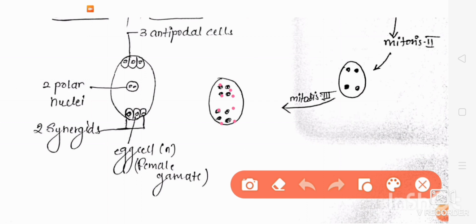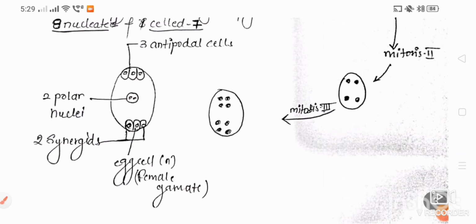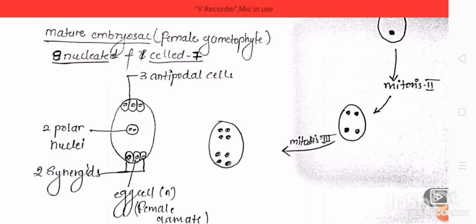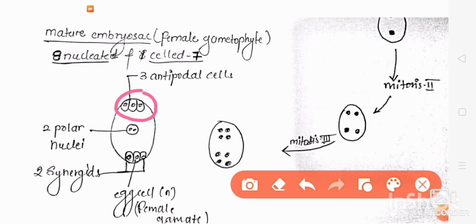4 of them are present at one pole and 4 of them are present at the other pole, among which one nucleus from each pole will migrate towards the center. They will form the polar nuclei. We can see that there are 3 antipodal cells present at the chalazal end, and the 2 polar nuclei present at the center fuse to form the secondary nucleus.